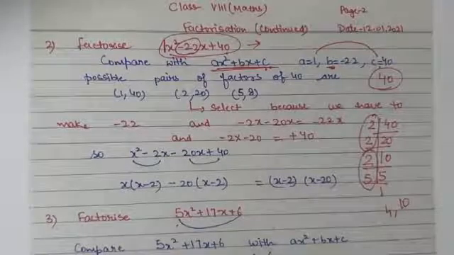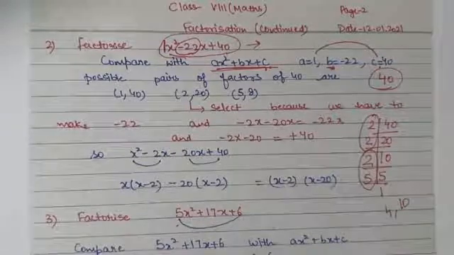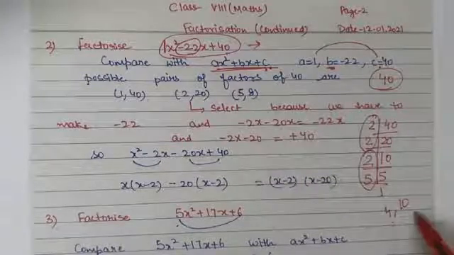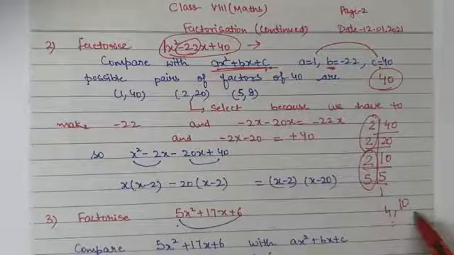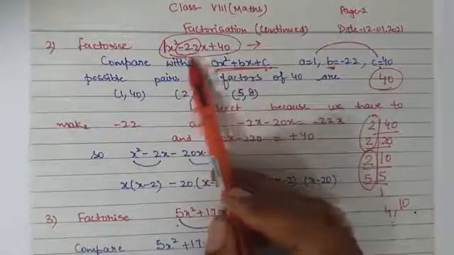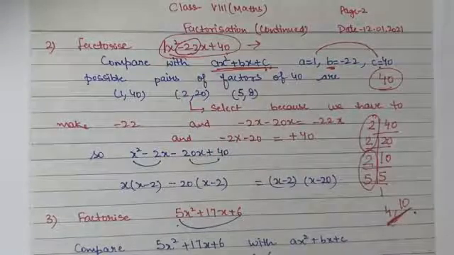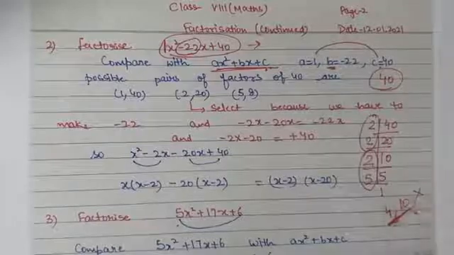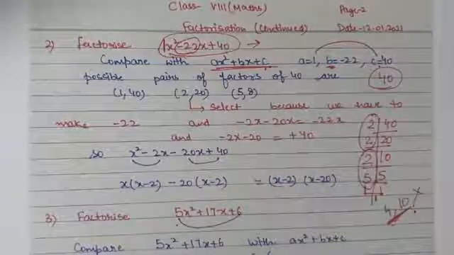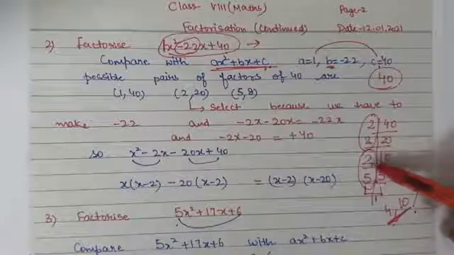Before making the pairs, first of all, keep in your mind that whatever pair you make, their addition or subtraction should give you minus 22. So 4 and 10 can never give that. So leave these. Then 1 we will also take. Then 2 into 2, 4. 4 into 2, 8.